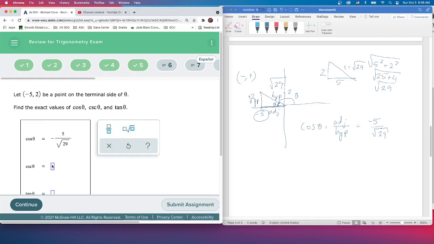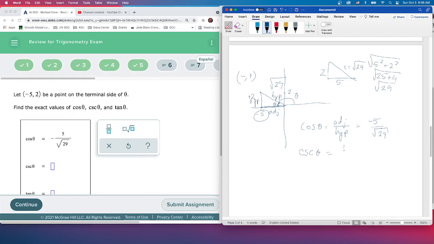Okay, cosecant. To do cosecant of theta, what I'm first going to do is remember that's 1 over the sine of theta. That's that definition. What is sine theta? Sine theta is opposite over hypotenuse. Opposite is 2, positive, and hypotenuse is the square root of 29.